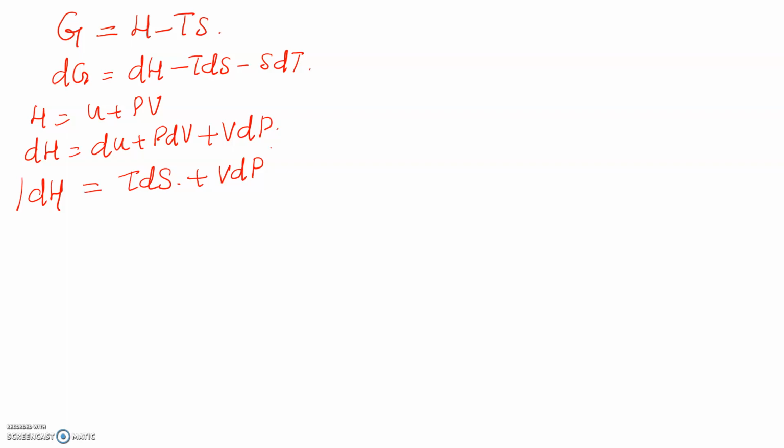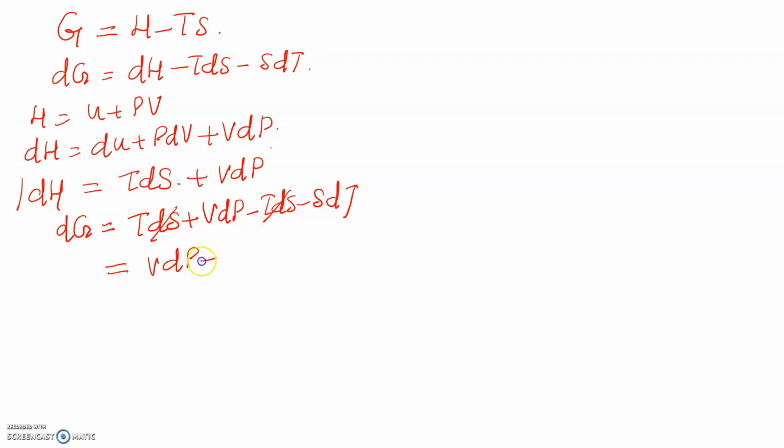Okay, now let's substitute in the equation for dG. dG is equal to TdS plus VdP minus TdS minus SdT. TdS and TdS cancel out, and what is left is VdP minus SdT. dG is equal to VdP minus SdT. Now let's do Maxwell's procedure. I'll do both steps together, differentiating with respect to P at constant temperature.